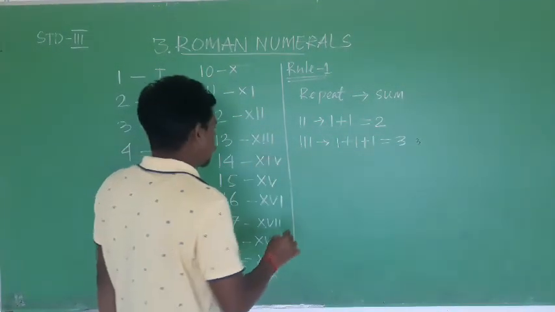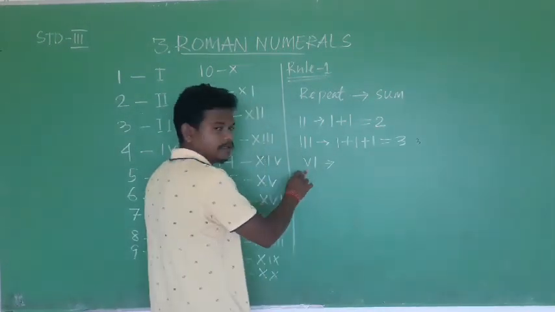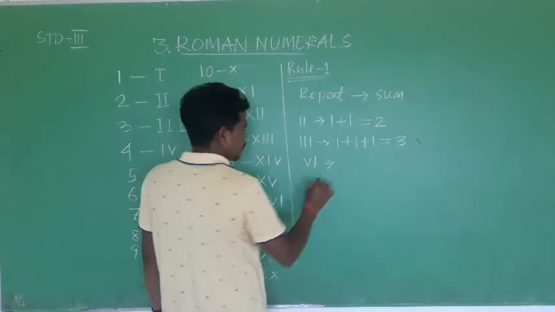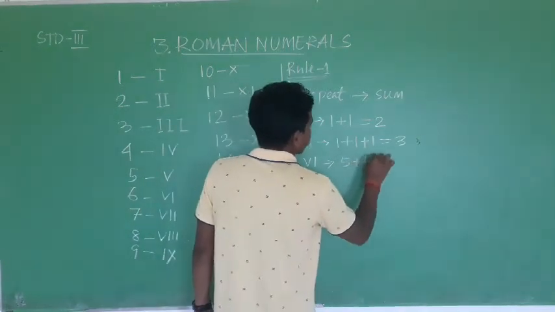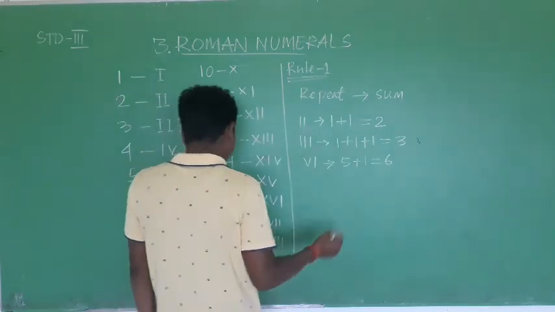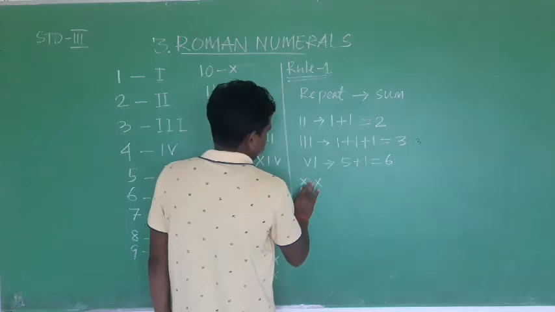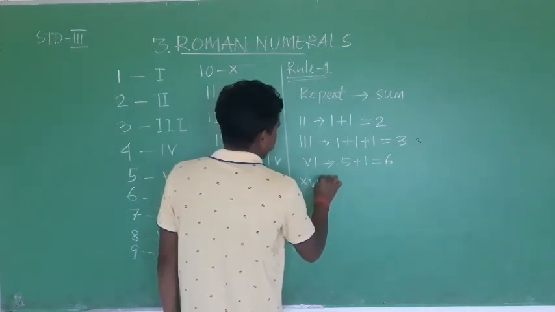Next we say VI. That means what? V represents 5. 5 plus 1 is equal to 6. Okay. Similarly, you can write XVII.